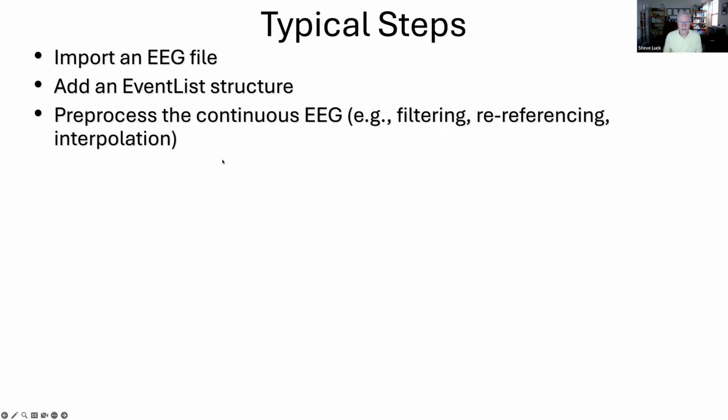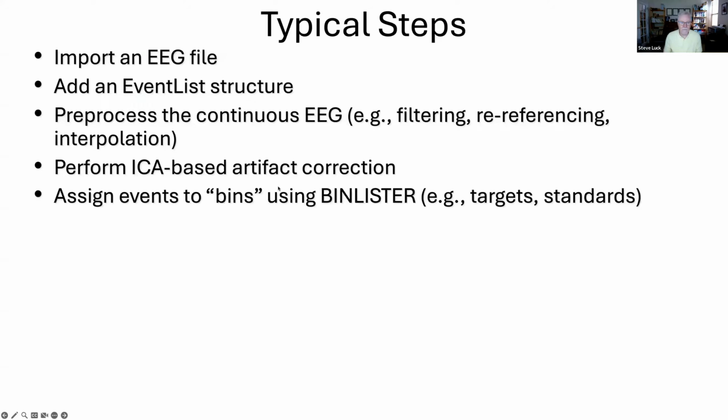Then you'll do your typical pre-processing steps: filtering, re-referencing, interpolation, whatever you need to do. You'll perform ICA-based artifact correction somewhere in this stream of events. The order in which you do it depends on your goals, your data, etc. And then you'll start doing some ERPLAB specific stuff.